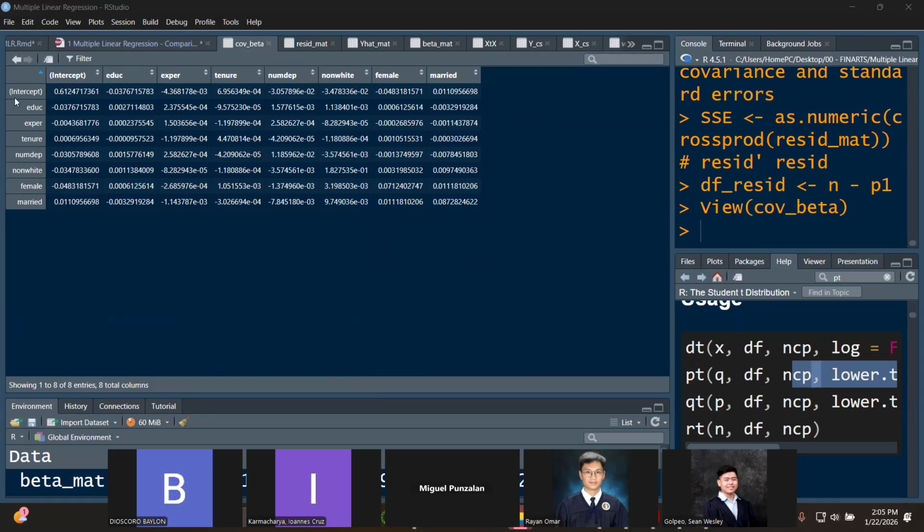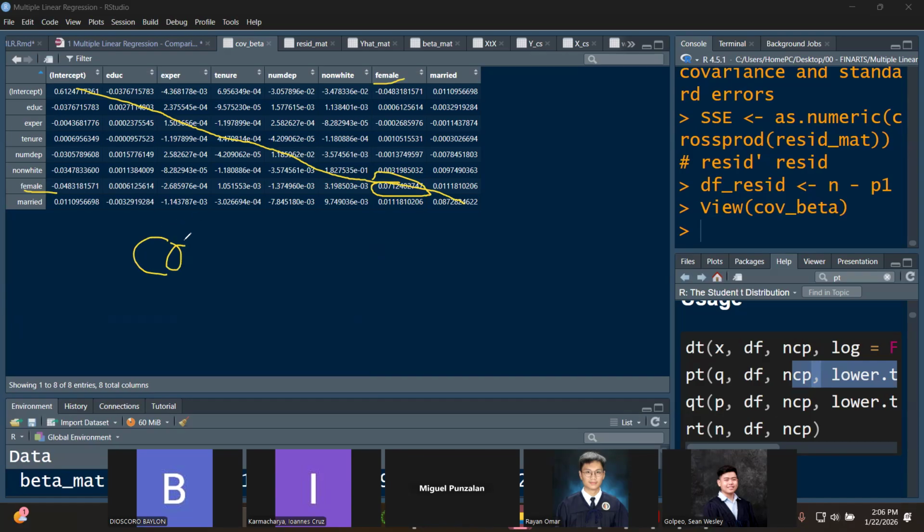So this one, for example, the covariance of intercept with intercept, the covariance of education with education. Now, the covariance of a parameter with itself, this is the diagonals, class. You can see here that this one is the covariance of female and female.